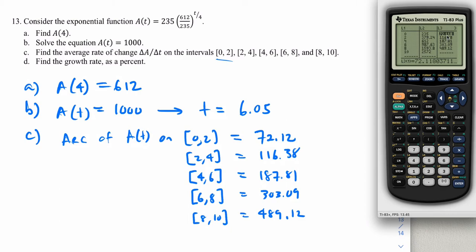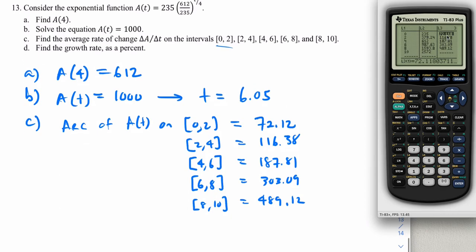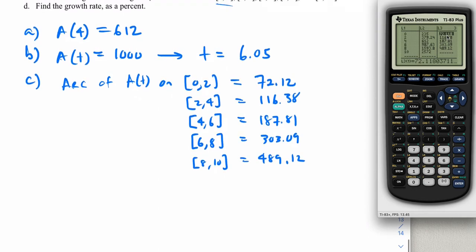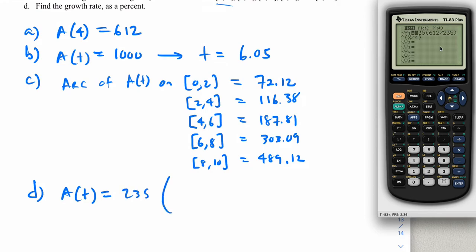Let's go to part D. Find the growth rate of this function as a percent. Okay, the model, let's go right here. That model can be rewritten like this. A of t equals 235 times 612 over 235.